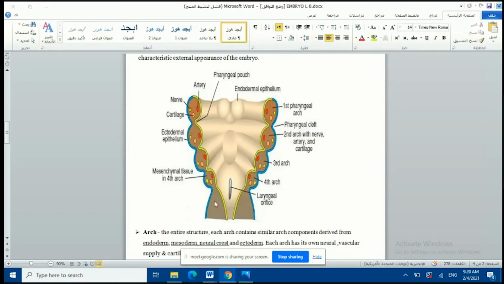Okay, from inside, in the floor of this pharyngeal arch, it is lined by mesenchyme tissue, especially in the fourth arch. And as you see, we have ectodermal epithelium, and endoderm epithelium from inside.